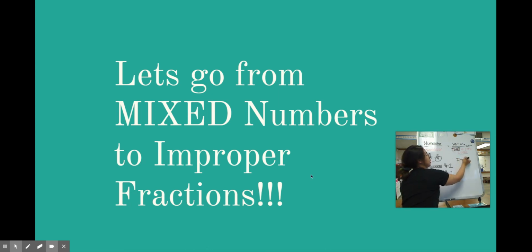So improper fraction is 4/4. Add that one, check, because that's 1 whole. Add another 4/4. Check, that's your other whole. And then add your 2/4 over here. And remember, when you add like denominators, it stays the same. 4 plus 4 is 8, plus 2 is 10. So 10/4 is equal to 2 and 2/4.